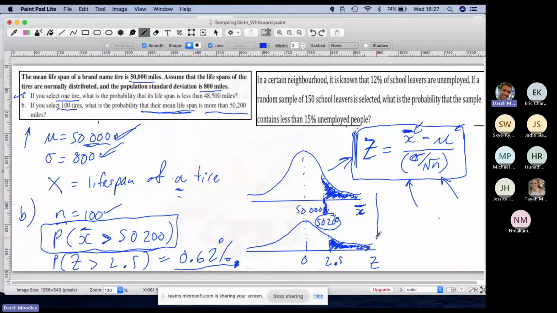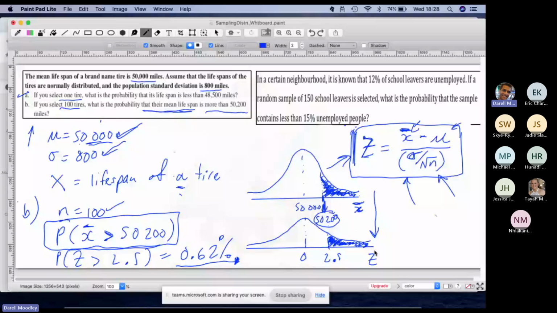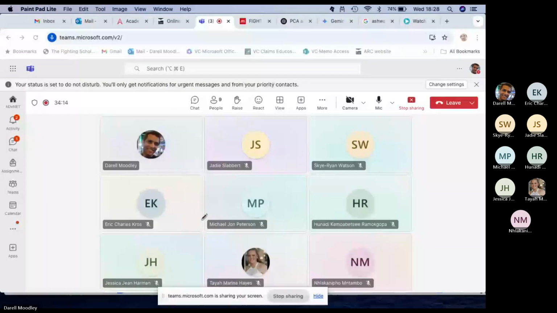You should understand how to go from that diagram to this diagram and find that probability. Finding this probability is what we did last week. So everything makes sense so far, except maybe this last step, which I know I did last week. But everything before that is very important that you understand, before I move on. All good? Anything you want me to go back and explain?